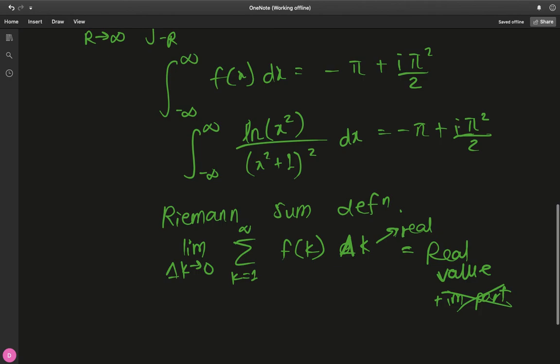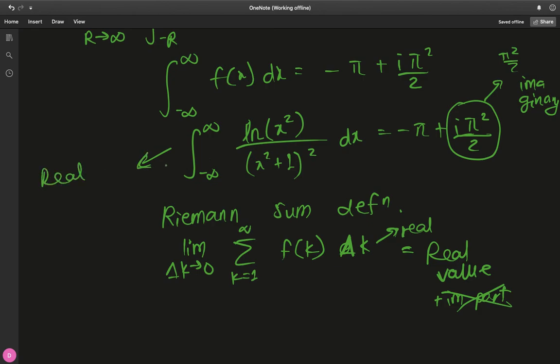And look at the right hand side, we have i times pi squared over 2. So the pi squared over 2 is the imaginary part. Since this can only be real, it will ignore this imaginary part, and it will take on the only real value that it sees over here.